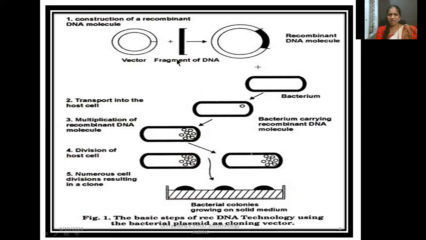Once vector and fragment DNA are ready, we can construct the recombinant DNA molecule. This vector must be cut open. To cut this vector DNA, I need an enzyme. Which enzyme do I need here? Restriction endonuclease enzyme. By using it, I can cut this particular region.